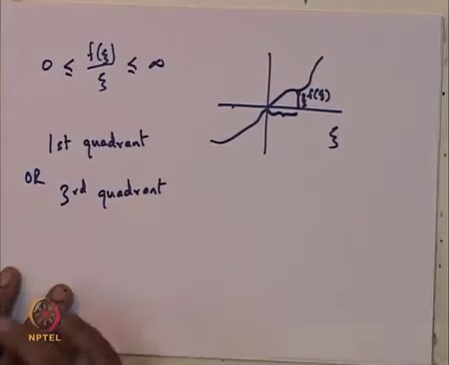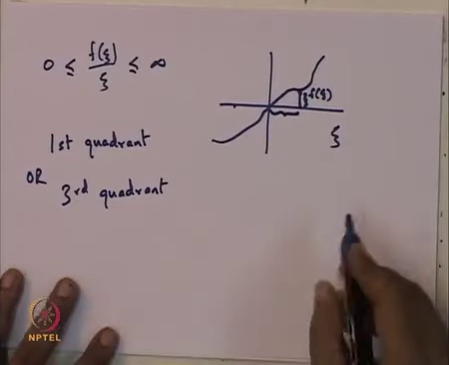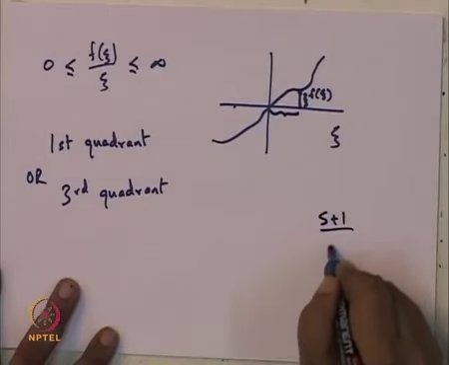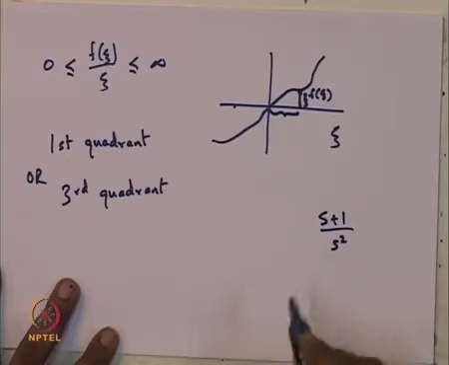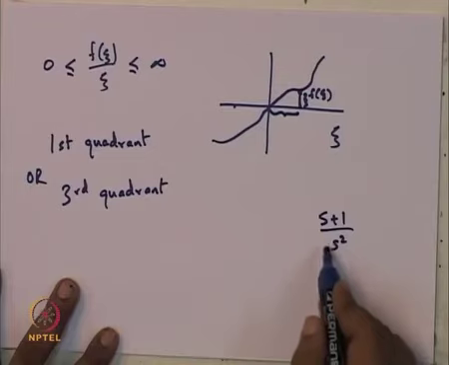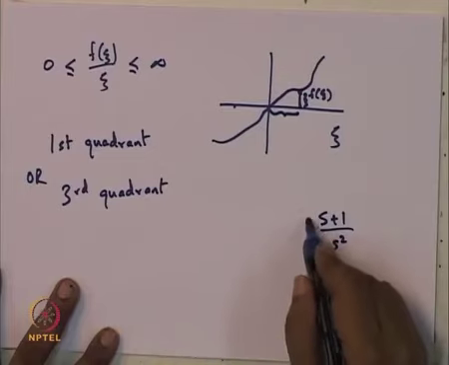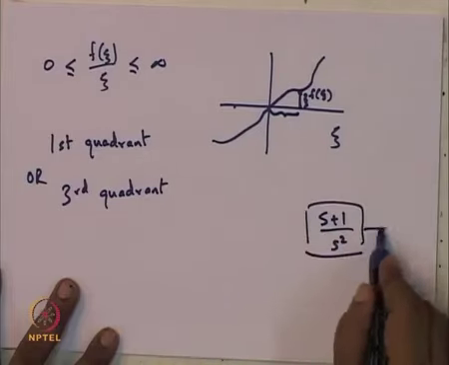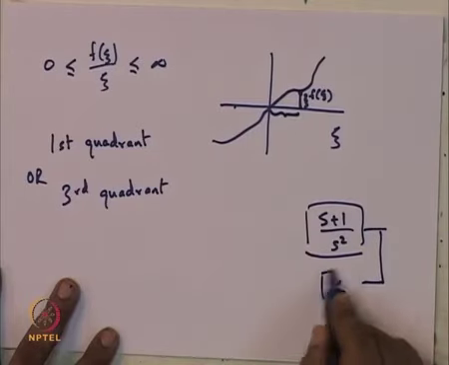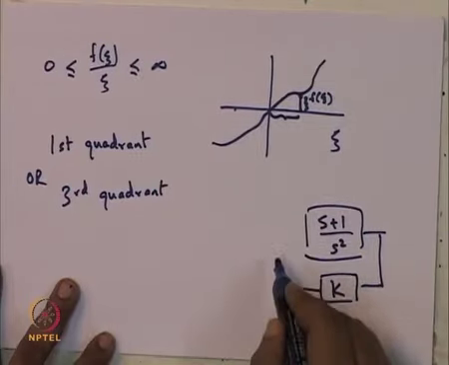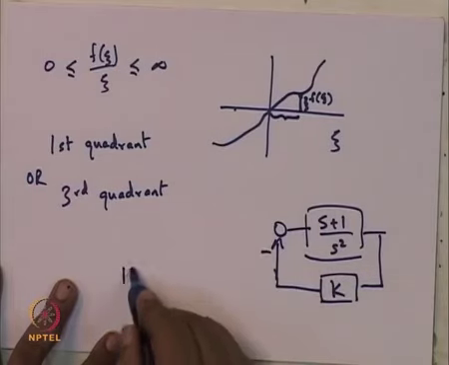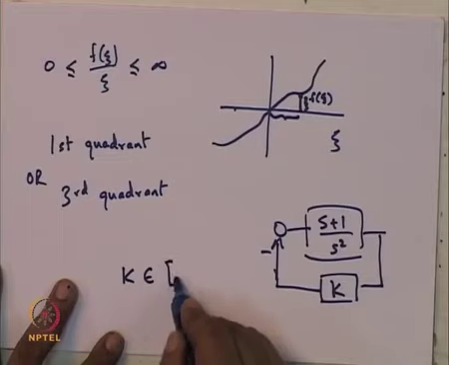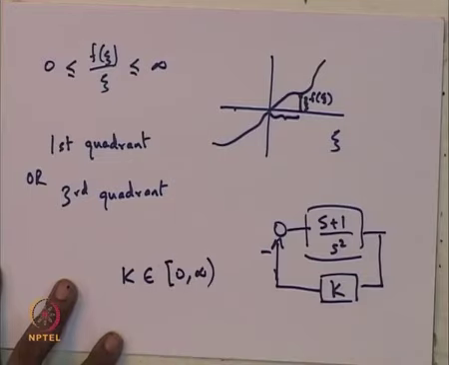Now, the linear system that we looked at, (s plus 1) upon s squared, we saw that this particular linear system is stable when you put this in a feedback connection with this k lying between 0 and infinity.